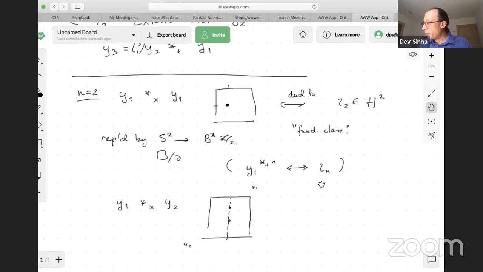And then you would, for example, have y1 star times y3. So this is equal to y1 star times, we're at the prime 2, so y1 star plus y2.